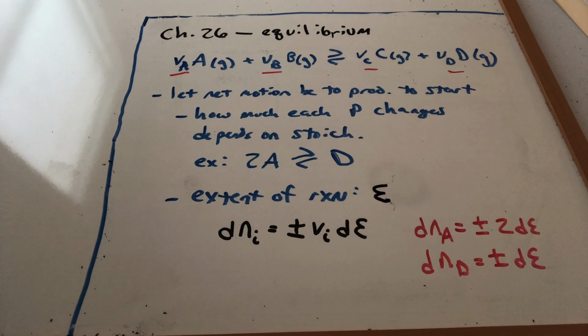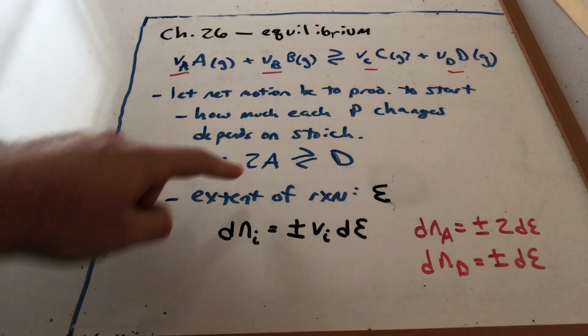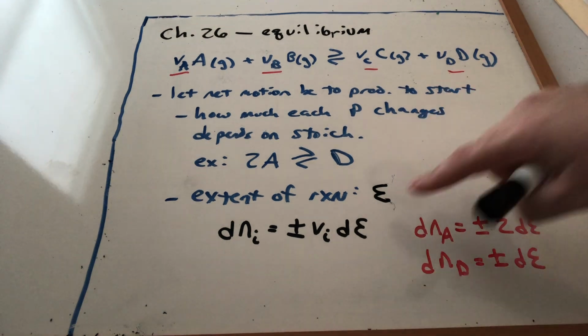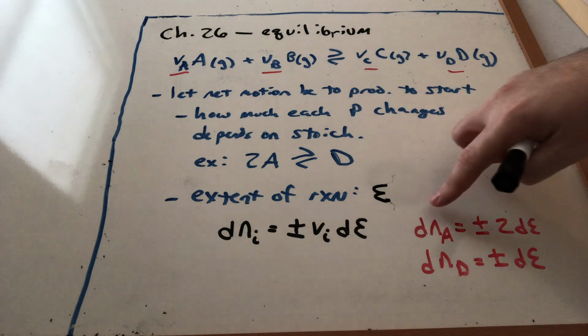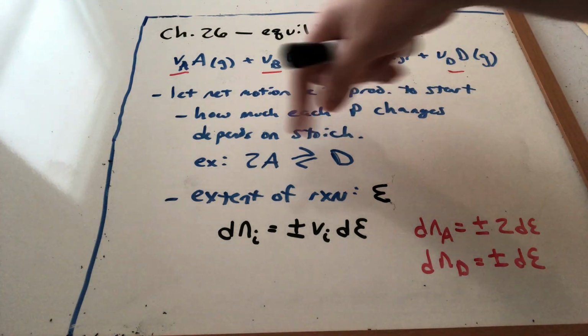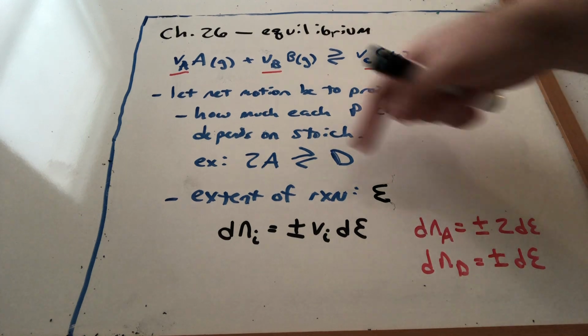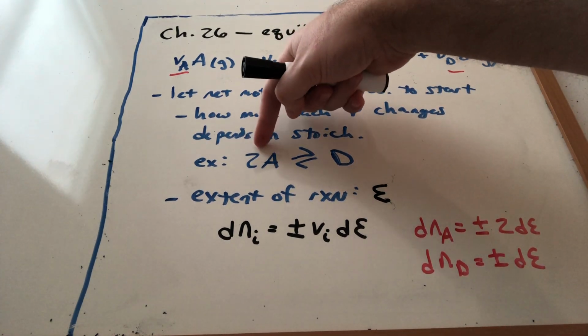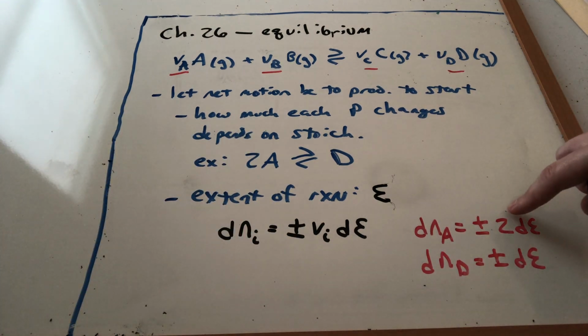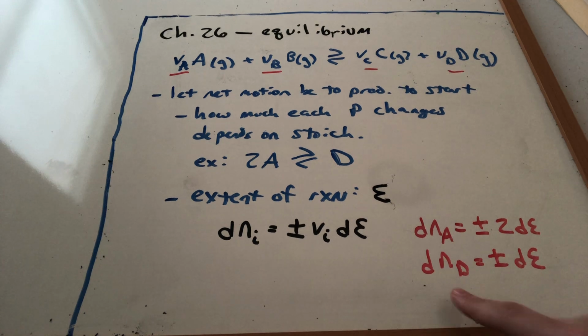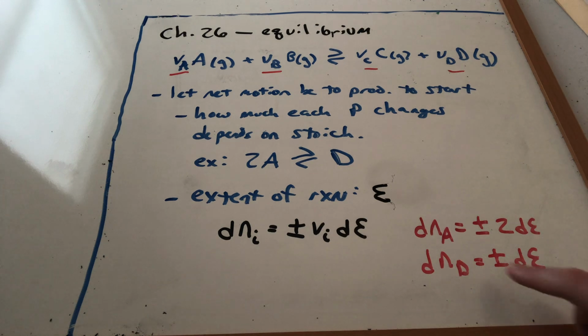Now, that's a mouthful, and it's a little bit difficult to understand until, like I said, you apply an example to it. For instance, here's how the extent of reaction is defined in terms of this simple example. If you look at dn_A, the number of moles of A that change is influenced by the stoichiometric coefficient too. So as A changes, if we define just a general change in the reaction, the change in moles of A happens twice as fast as the change in moles of D. Let's say we have a net motion to the D side.